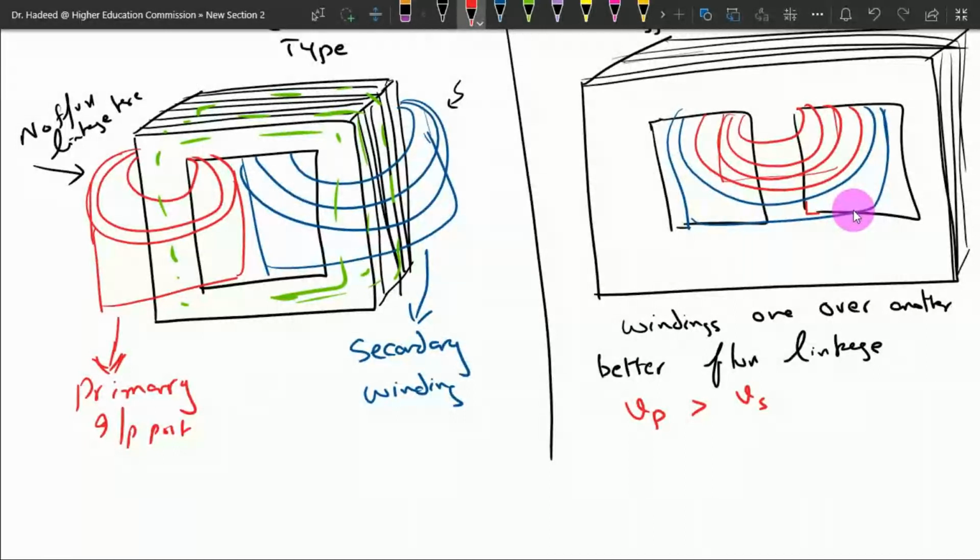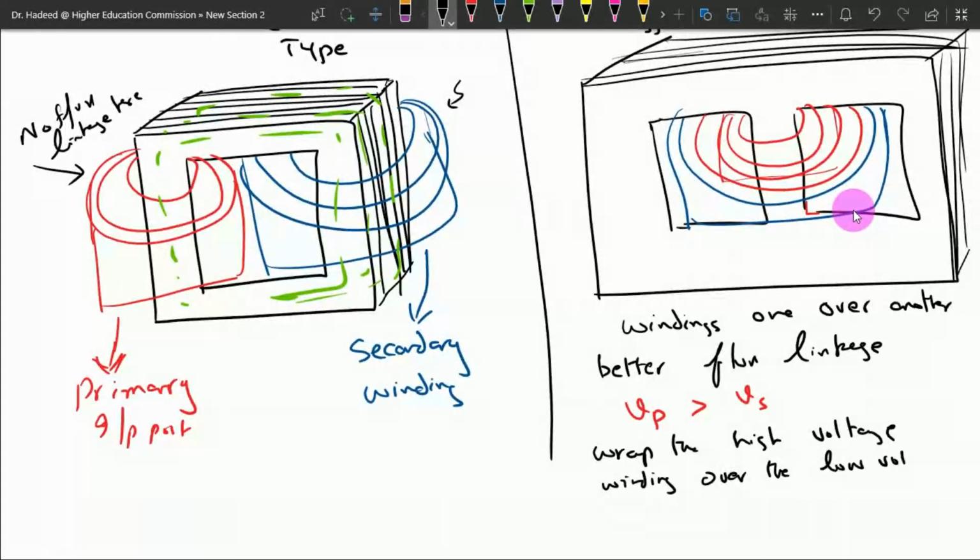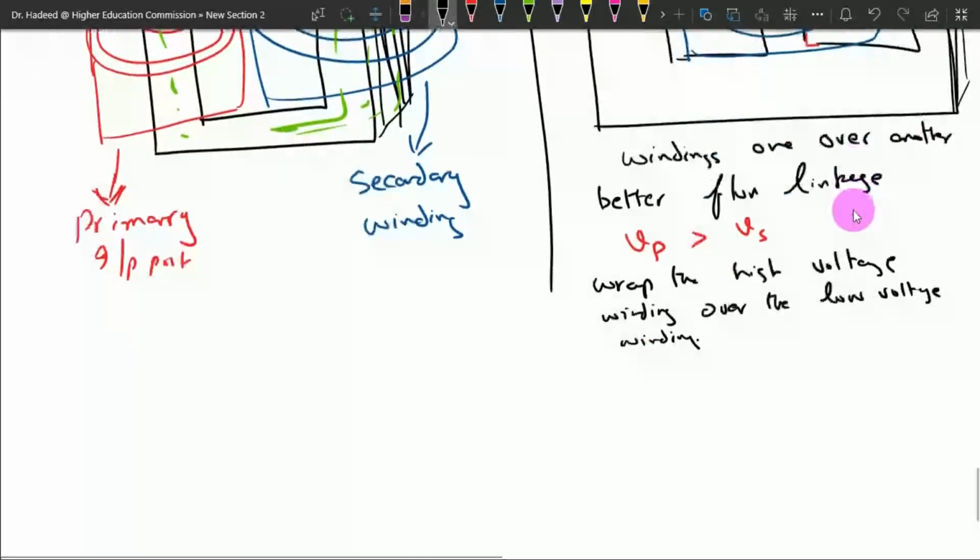It is a simple rule that we wrap the high voltage winding over the low voltage winding, because it addresses the insulation problem, to avoid or reduce the insulation problem.